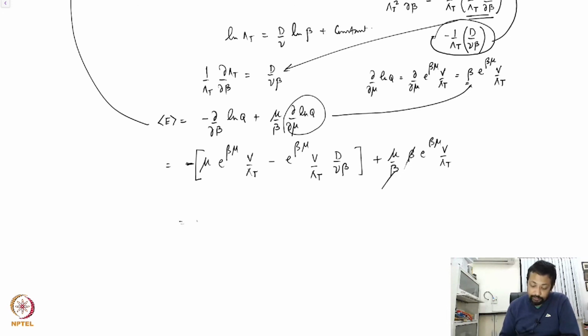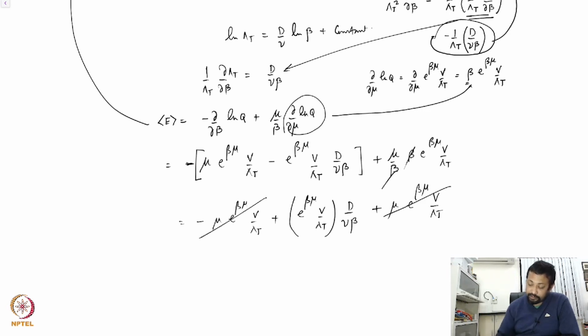This gets cancelled out, and you have minus mu e to the power beta mu v over lambda t plus e to the power beta mu v over lambda t. We'll enclose them in a bracket. You will see in a moment why this is so. D over nu plus beta plus mu e to the power beta mu v over lambda t.